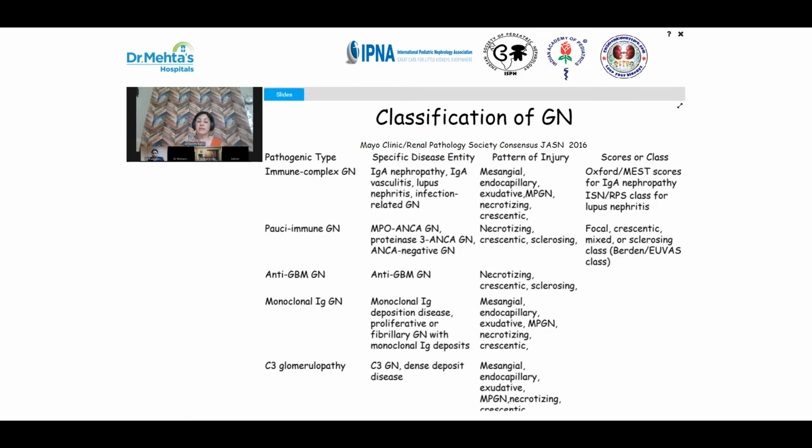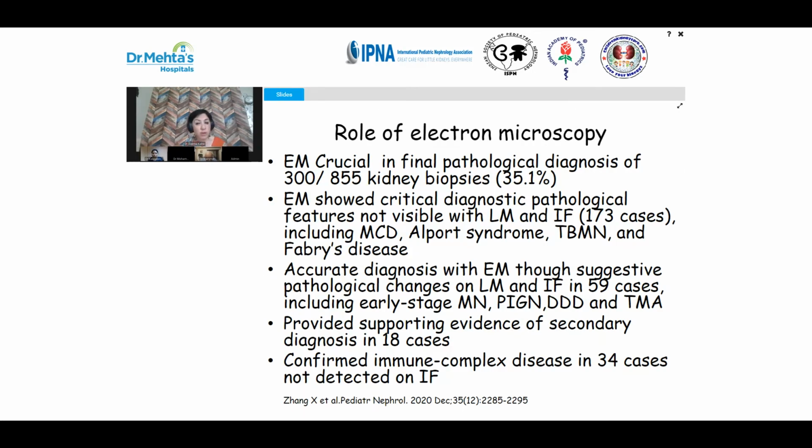So we discussed briefly the role of electron microscopy, and that it is very important for making the correct diagnosis. In a recent study, it was found that electron microscopy was crucial in more than 1/3 of the cases where the final pathological diagnosis would have been incorrect if electron microscopy had not been resorted to.